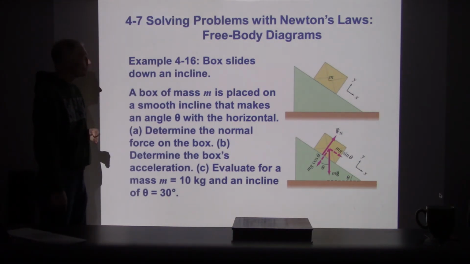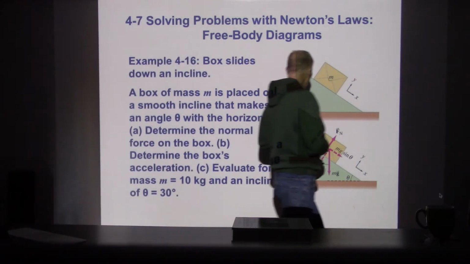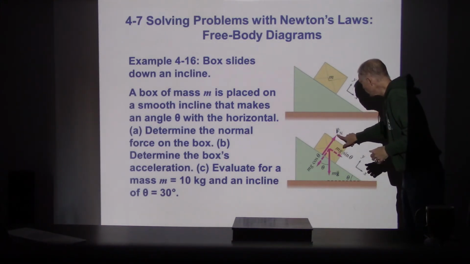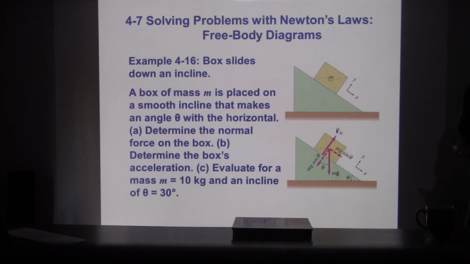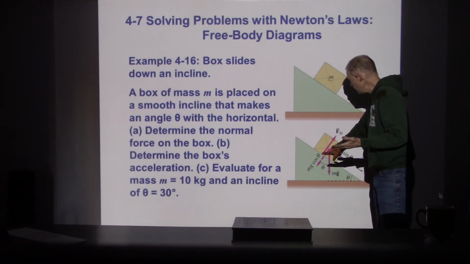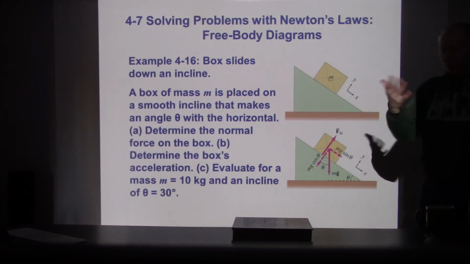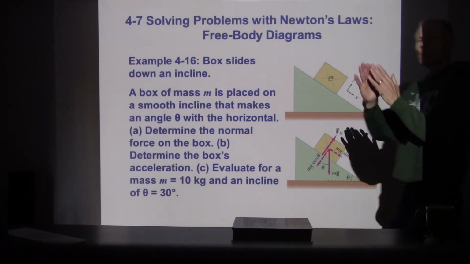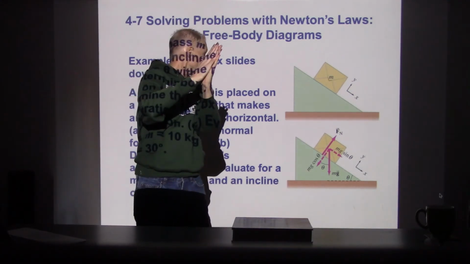So now if it's frictionless, let's take a look at this. We're going to have a normal force, but the normal force is not vertical. If there's an incline, the normal force is going to continue to be perpendicular to the surface. So if the surface is tipped by angle theta, the normal force, which started out vertical, is going to tip by an angle theta.